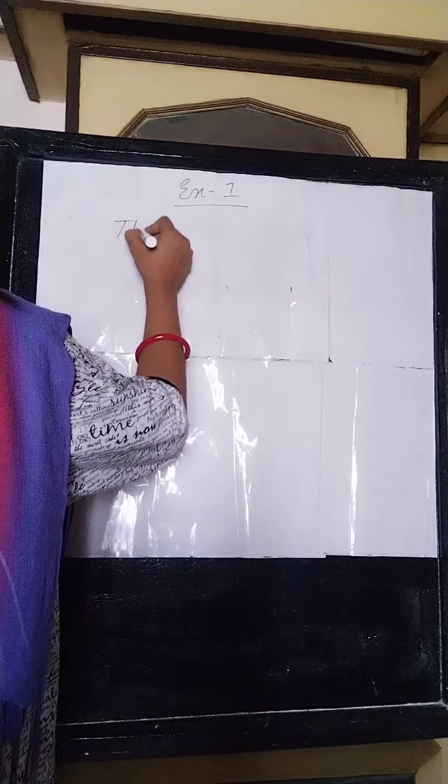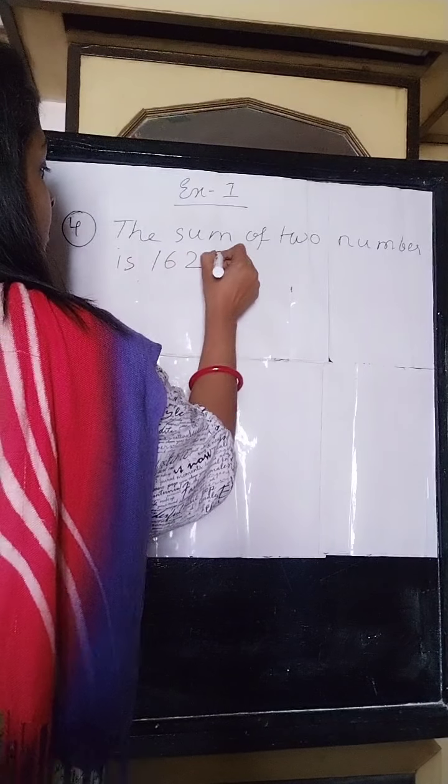In sum number 4, it is given that the sum of two numbers is 1626. Now it is given that one number is twice the other.